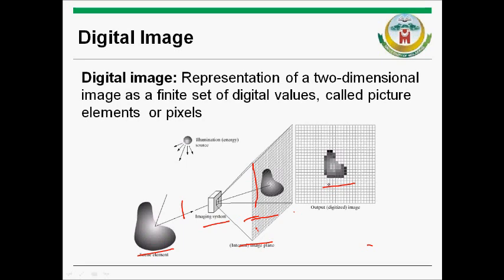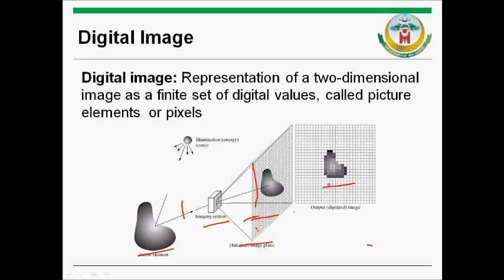You don't take the whole scene, you have to skip something, and that is the concept of digitization. From a continuous area you go to a discrete area, so you have to discretize the continuous pattern.